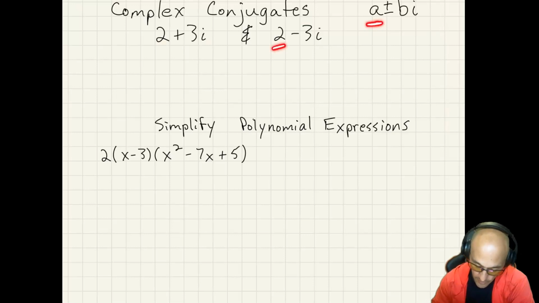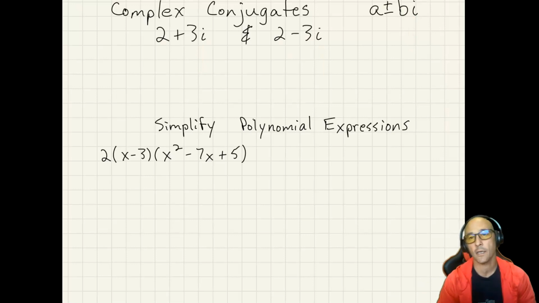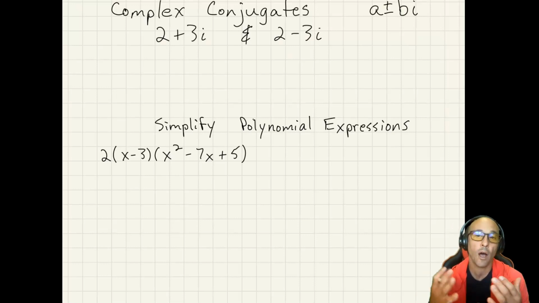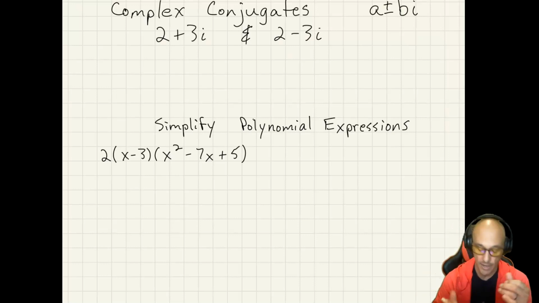So the a value is the real part. And then we have plus or minus. The b value in this case was 3, and then i. So complex conjugates are important. It turns out that whenever you're solving, like solving a quadratic equation, if your answers are complex, then they will always come in complex conjugate pairs.